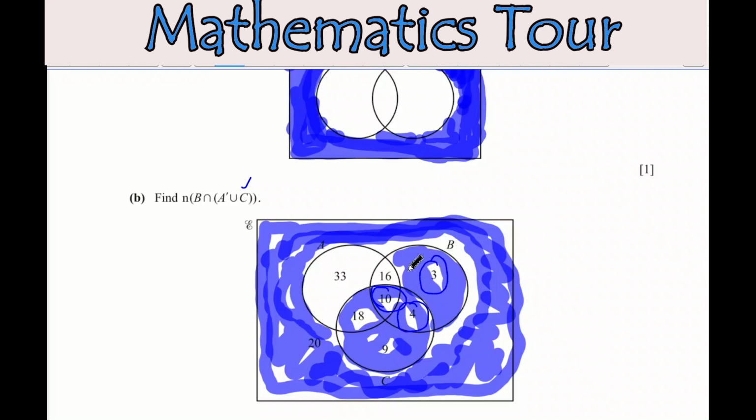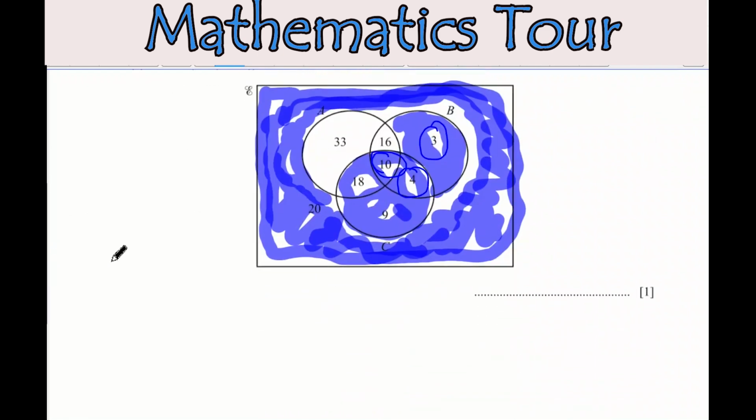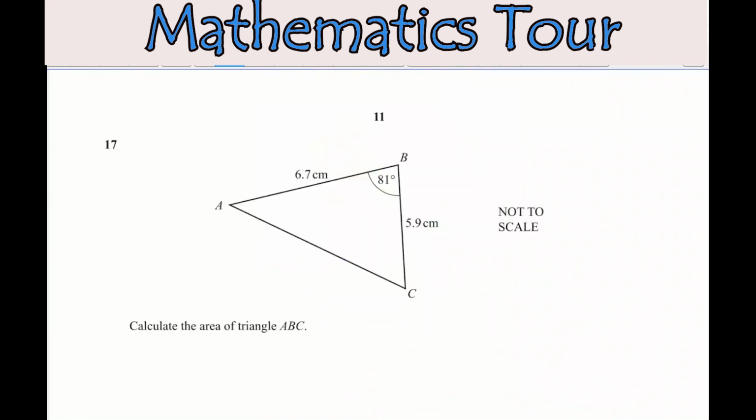You can see that 16 is also in circle B, but there is no blue part there. So the answer here will be 4 plus 3 plus 10, that will be 17. That's just the trick I use to get my answer anytime it comes to Venn diagrams.